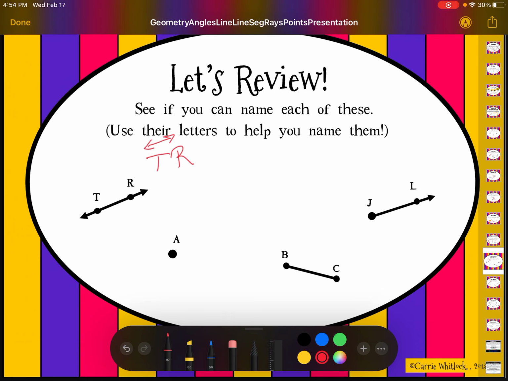We're going to classify this A down here as point A. Then we move over to the right where we see the B and the C, and that's a line segment. So we would put BC with just a straight line above it. Then to identify the last one, the J and the L, because it does have a starting point, but then goes off endlessly, that's a ray. So we would put a ray above it and write the letters JL. So that would be ray JL.